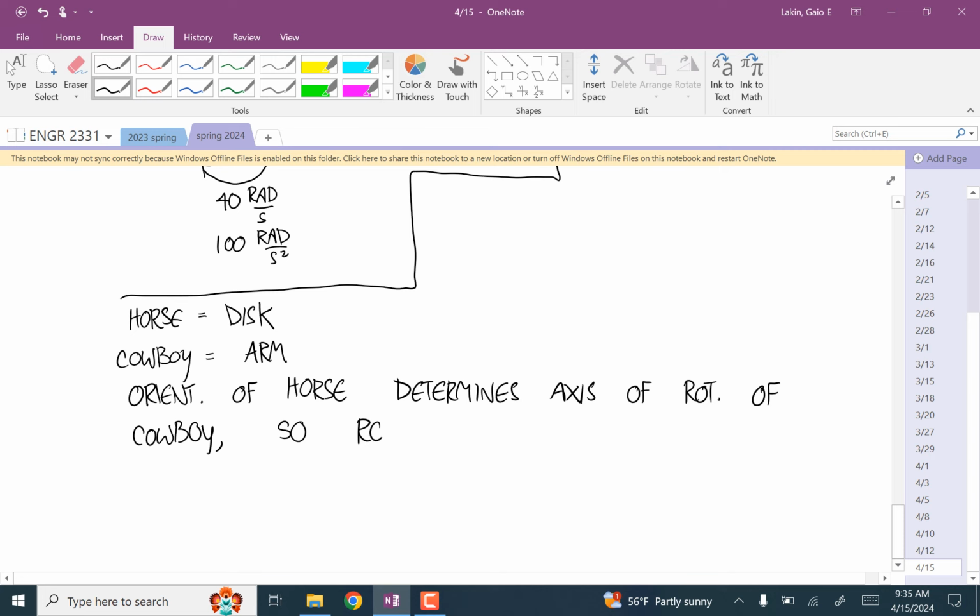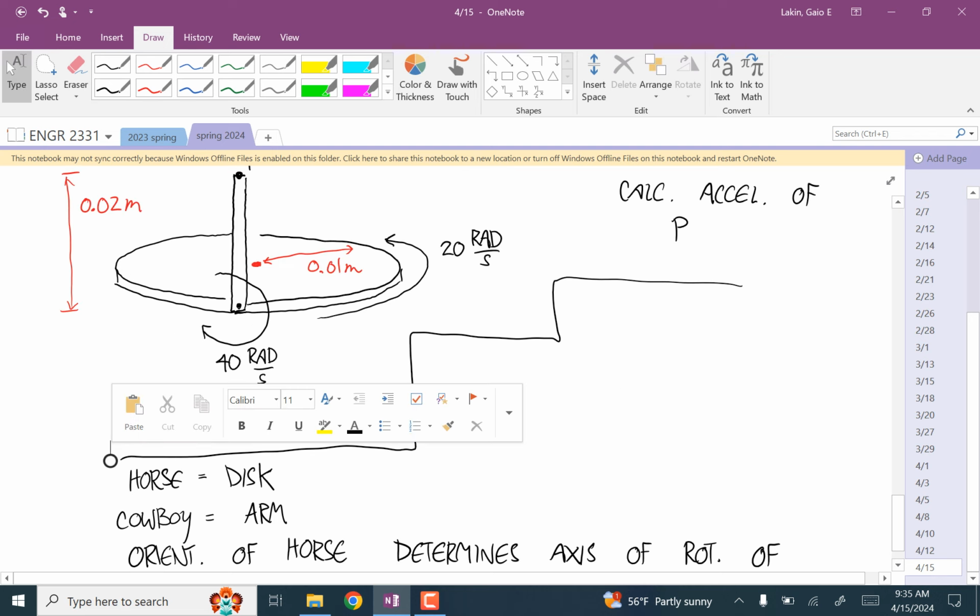So we do have to use a rotating coordinate system fixed to the disc. And where do we want the origin to be? Yeah, at that fixed point on the disc at the center.